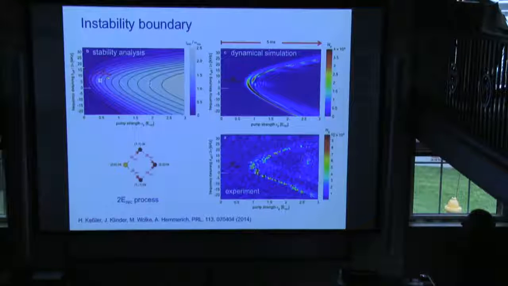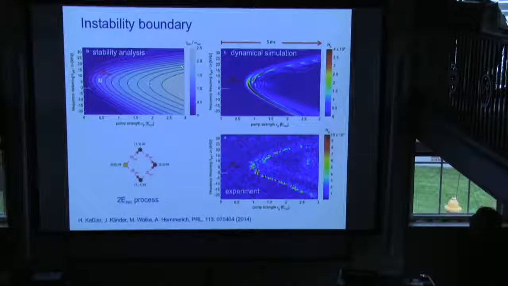And what you see is the system is unstable everywhere. What is plotted here is basically the excitation rate that you can calculate. So the further you go to the right, the faster the system wants to leave the state where no photons have been emitted into the cavity.